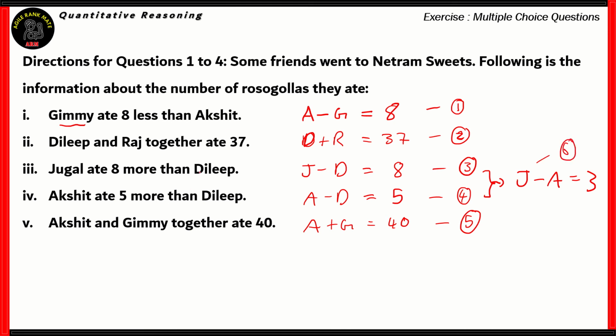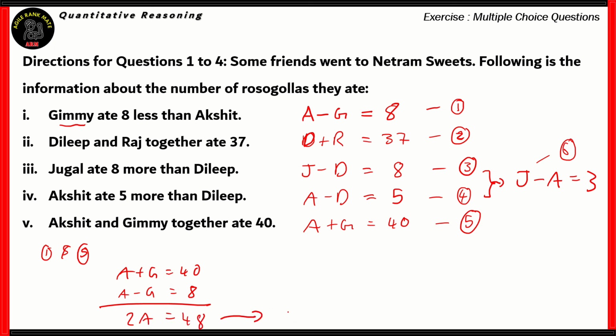Now, if you look at equations 1 and 5, A minus G equals 8, A plus G equals 40. If we add them together, we will get 2A on the left-hand side and 48 on the right-hand side. Now, if you divide both sides by 2, we get the value of A as 24.